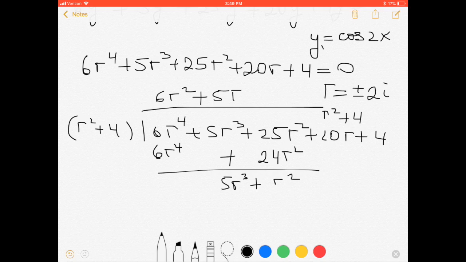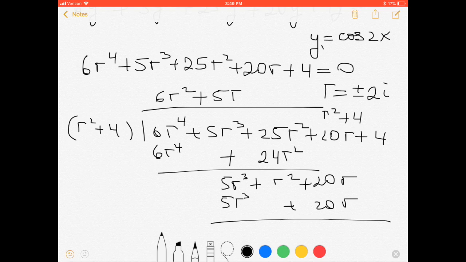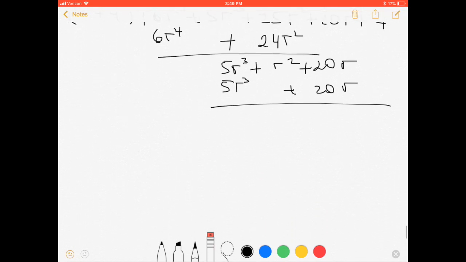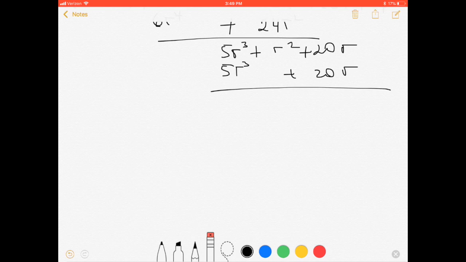We remember how we did all the division before. It will be 5r cubed plus 20r. Subtract, I have r squared and plus 4.